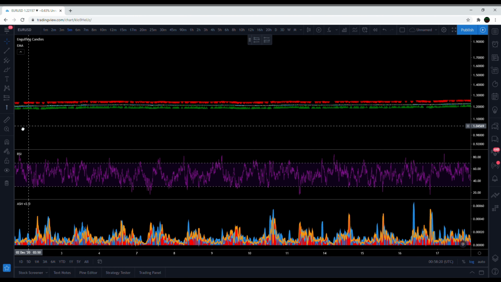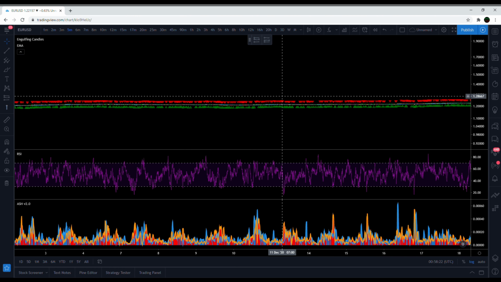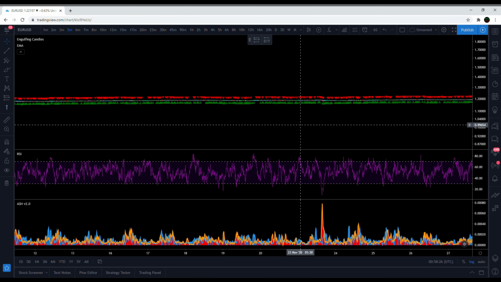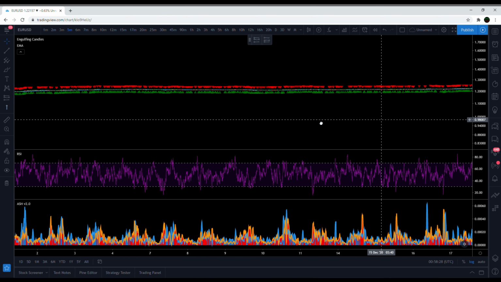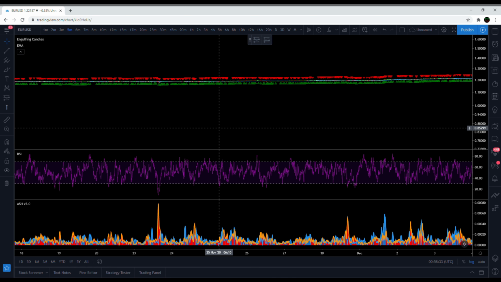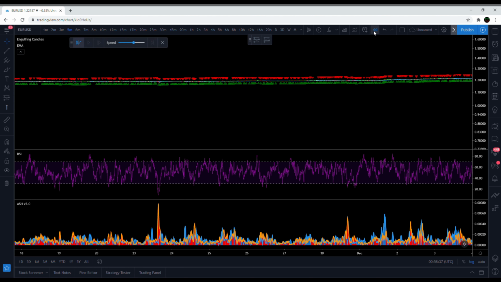But I actually have this all flattened out, so I can't tell what actually is happening in the market at any of these points. So essentially, I'm just going to randomly choose a point to put the bar replay feature, and then I will start it from there.